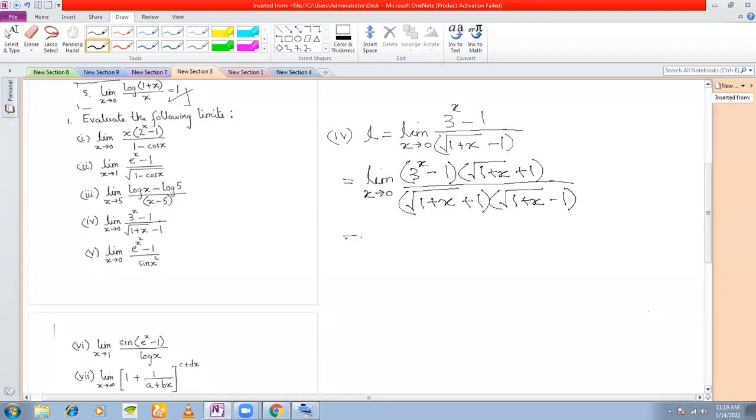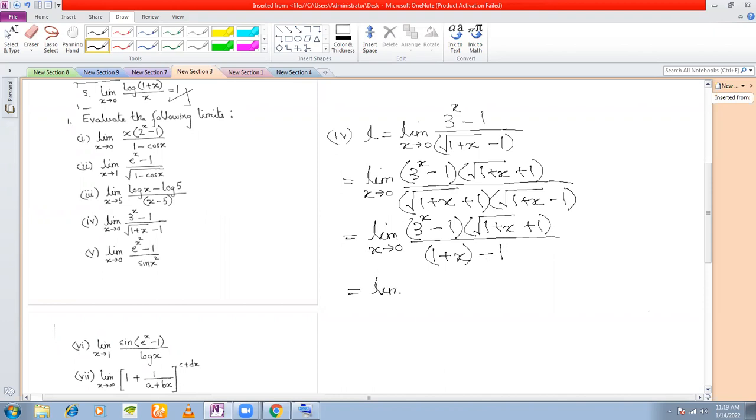Okay. So you get limit x tends to 0, 3 to the power of x minus 1 into root 1 plus x plus 1. And in the denominator, you get an a plus b into a minus b form, which is equal to root 1 plus x whole square, which is simply 1 plus x, minus 1 square, which is simply 1.